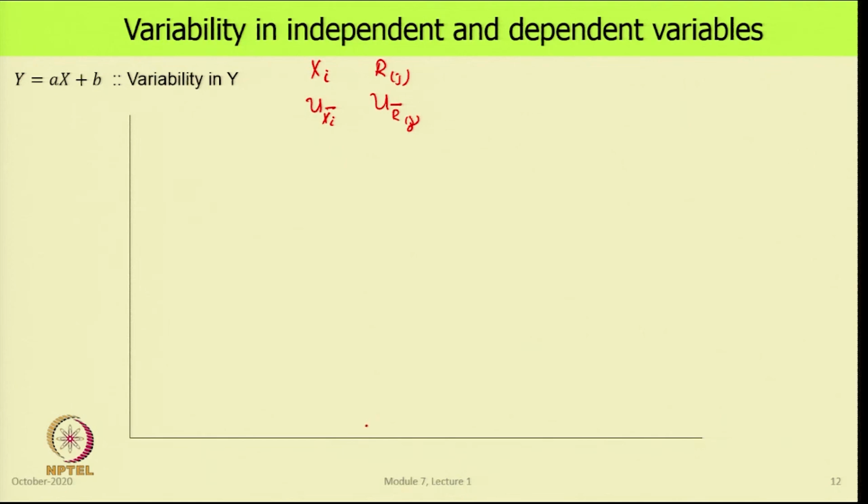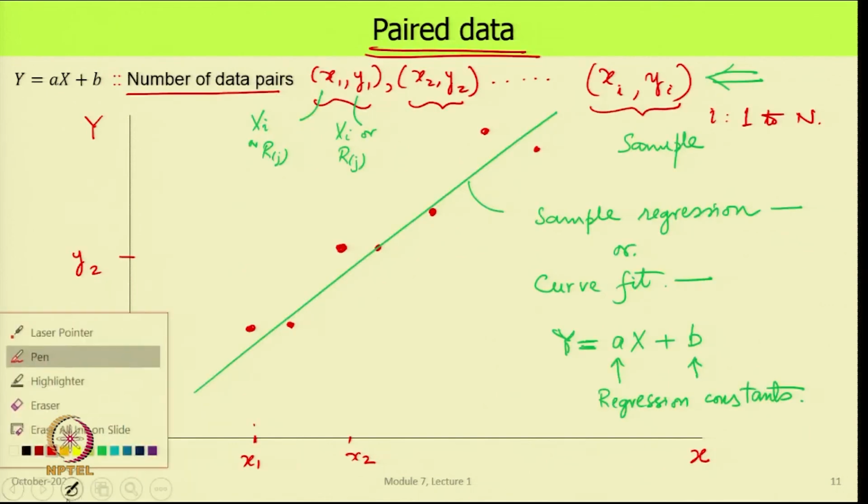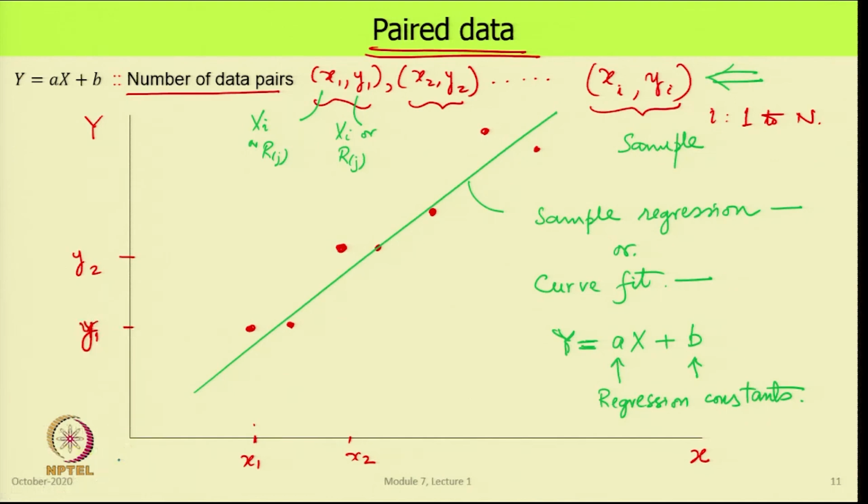Now, what is the implication of this on what we are going to see? So, if we go back to this curve, what we are now saying is that this data point that I had, let us take this one, there was uncertainty in this value.